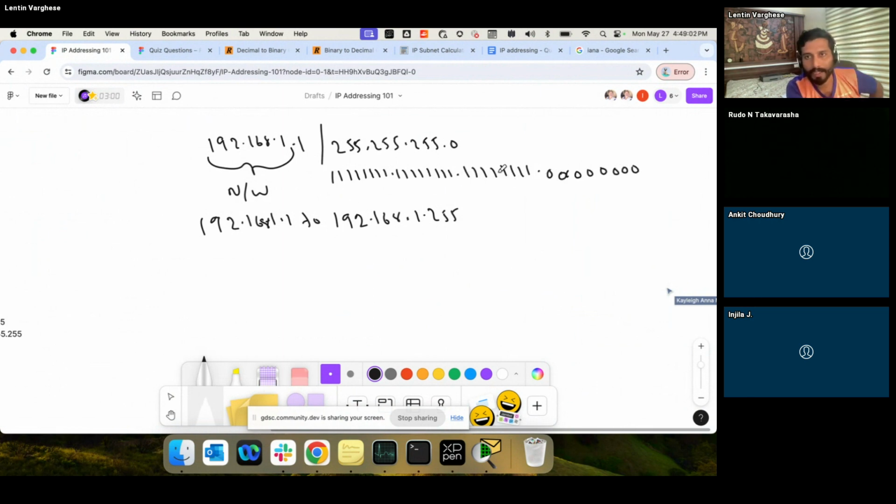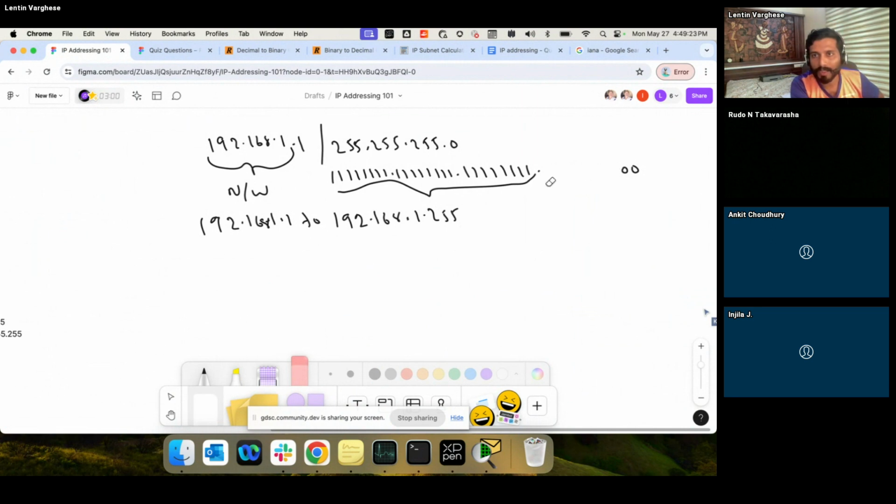Essentially, this is the binary representation of the subnet mask. As I was saying, this portion represents the network, and this portion the host. Out of this, I will borrow a few more bits to the network portion, and I will make something like this: 1, 2, 3, 4, 5, 6. So the 6 bits are not available for the host addresses.